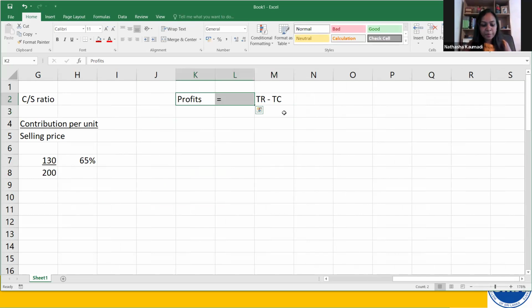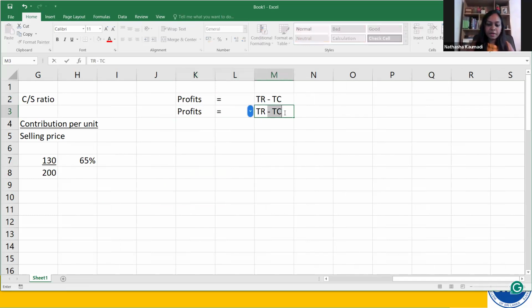If I rewrite the profit formula, TR minus, instead of total cost, we can use the two components coming under total cost. What are those? Total variable cost and total fixed cost. So I write total revenue minus, within brackets, TC means what?